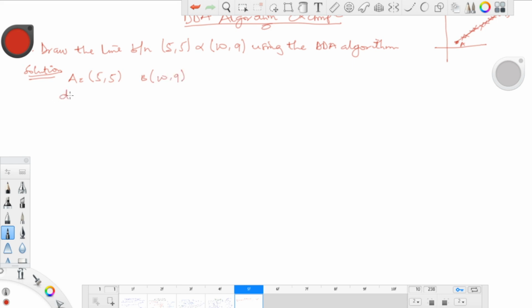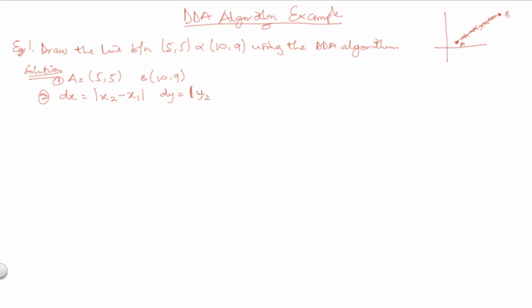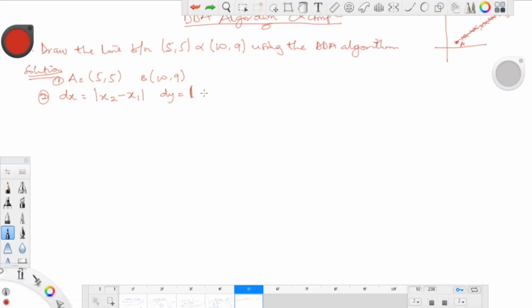Step 1 is to accept the points given. Step 2, find the magnitude of dx, which is x2 minus x1, and the magnitude of dy, which is y2 minus y1.